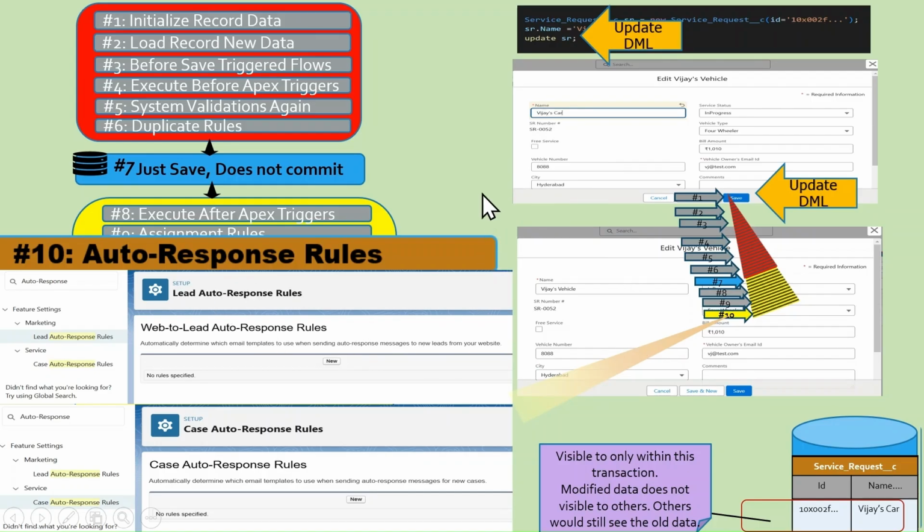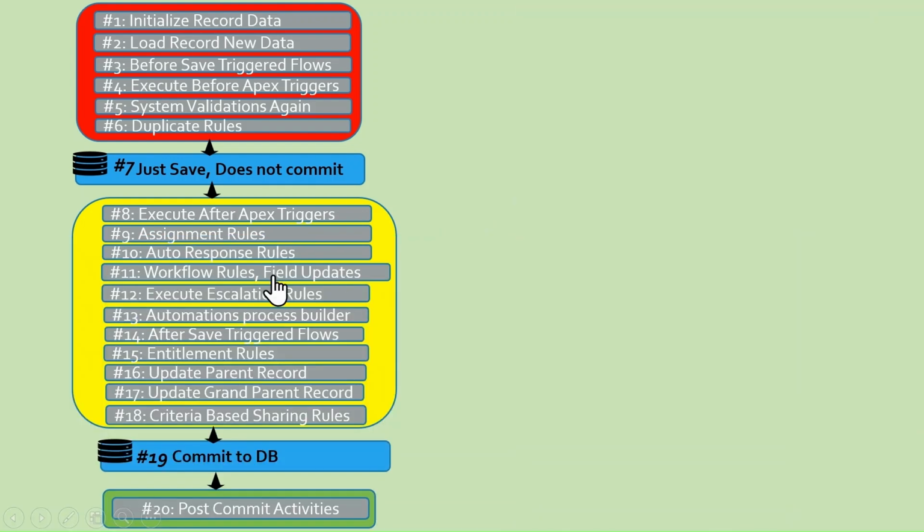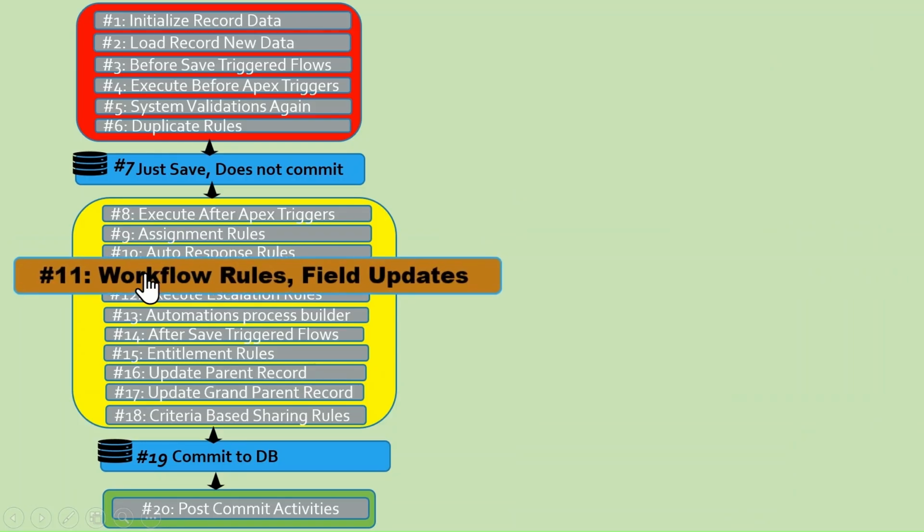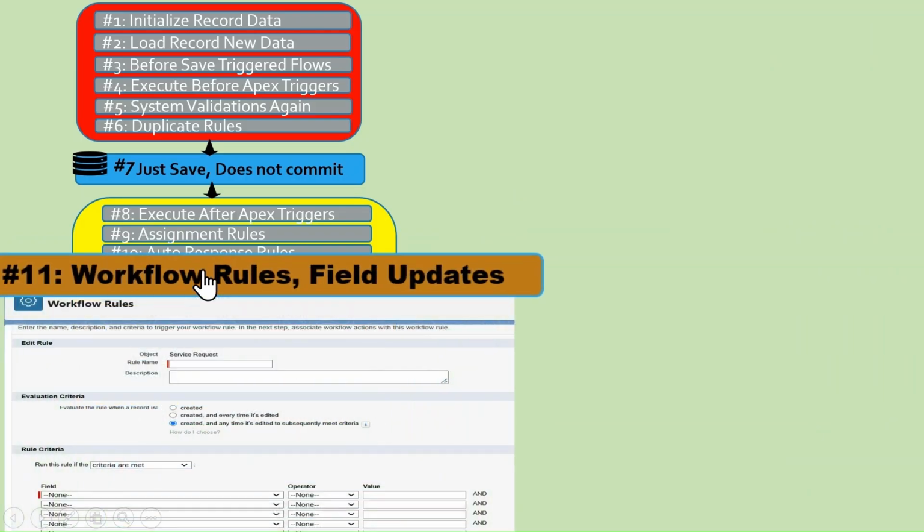It will just continue to the next step, that is step number 11, workflow rules and field updates. As part of this step, Salesforce tries to check if there is any workflow rule defined for the current record's object, and if in case it identifies any workflow rule. For example, for our service request, we have a workflow rule defined in case of created or its updations.